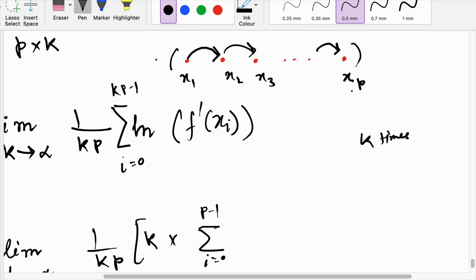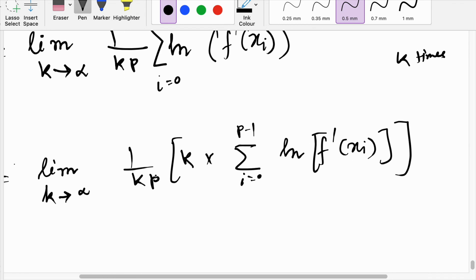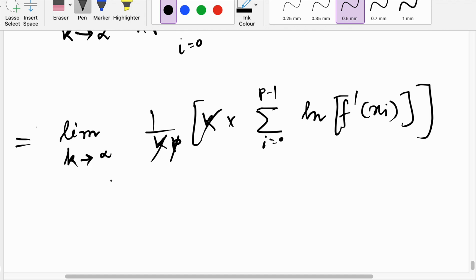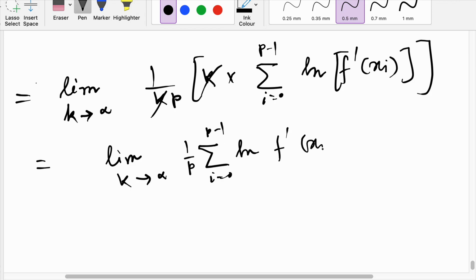I have added one point here, which is x0, so I have to remove a point, which means xp minus 1 is here. So that is ln f prime xi. Now you see the k is cancelled. So that means the limit as k tends to infinity of 1 by p, sum from 0 to p minus 1 of ln f prime xi.